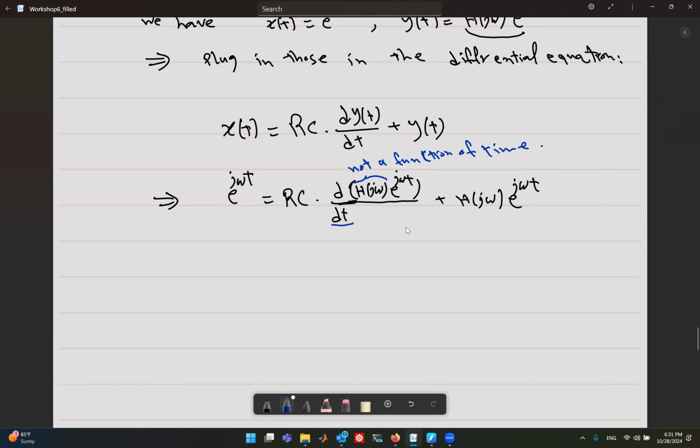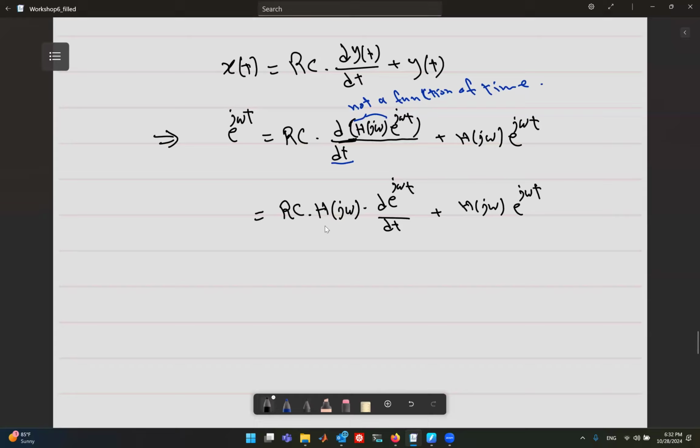We can take it outside the derivative, and this will be RC times the frequency response H of j omega times the derivative of the exponential, plus H of j omega exponential j omega t.